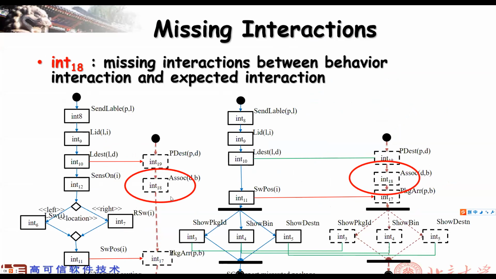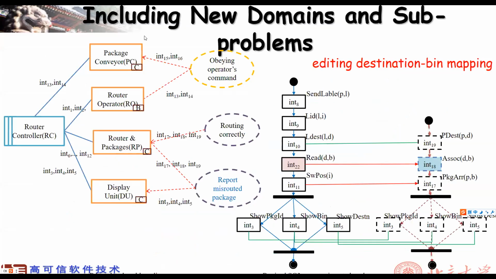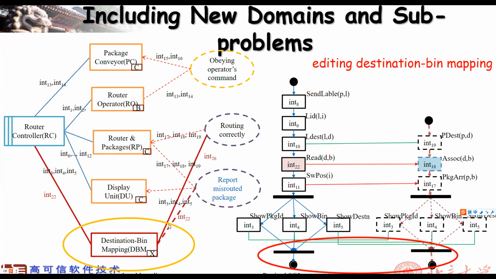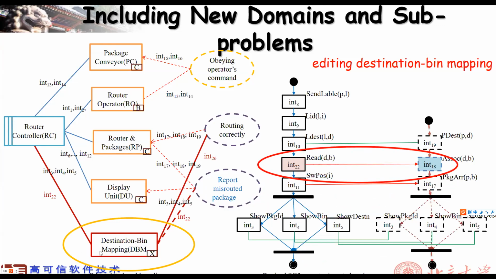And to make it happen, actually, we need to introduce new domains and sub-problems. To make interaction 18 happen, we need interaction 22. And interaction 22 means to read the relation between destination and bin mapping. This could not be provided by existing problem domains, so we need to add a new problem domain called destination bin mapping (DBM).